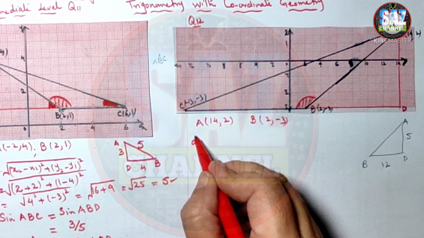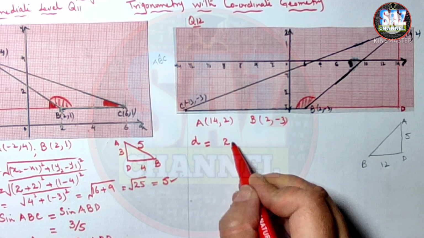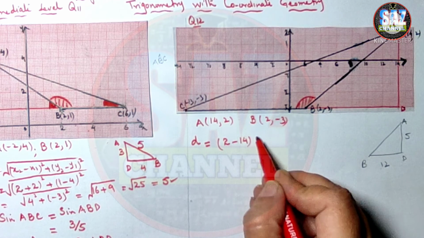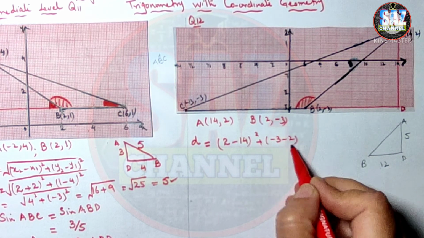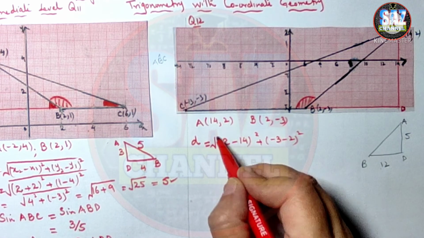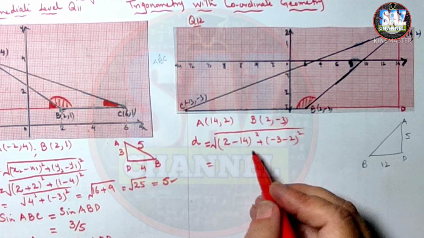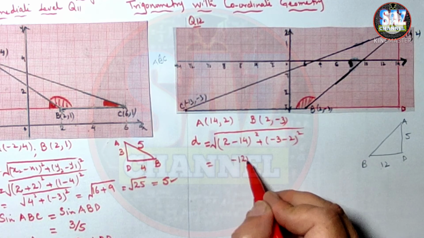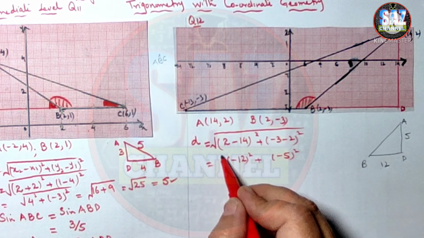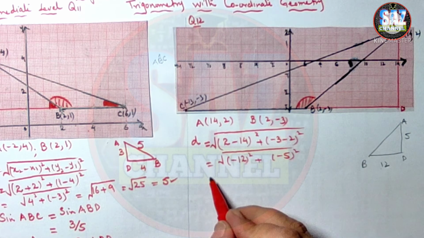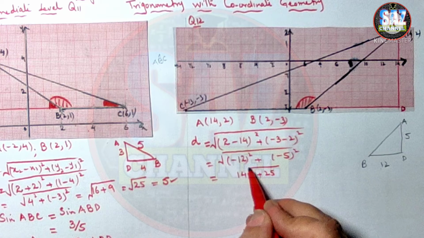So the distance formula is the square root of (x2 minus x1) whole square plus (y2 minus y1) whole square, that is (2 minus 14) whole square plus (-3 minus 2) whole square, and let me put the radical sign here. 2 minus 14 is minus 12, squared, plus minus 5 squared, and this gives me 144 plus 25, which is 169.